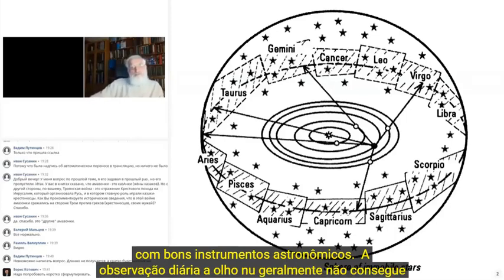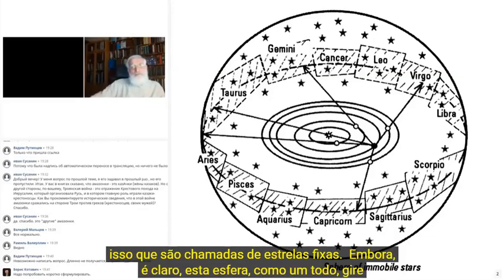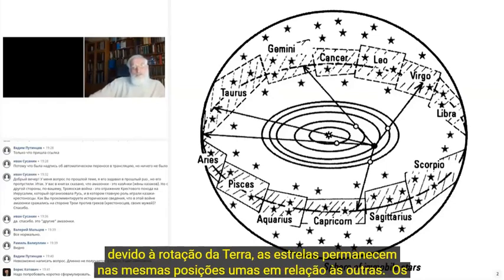Everyday observation with the naked eye usually cannot show their relative shifts. Stars appear to us as fixed relative to each other, which is why they are called fixed stars. Although, of course, this sphere, as a whole, rotates due to the Earth's rotation, the stars remain in the same positions relative to each other.